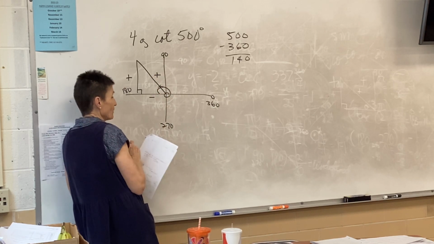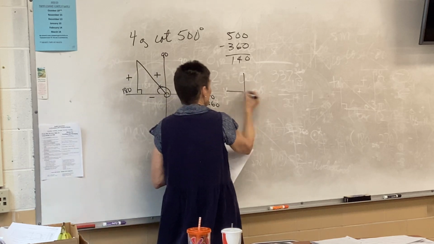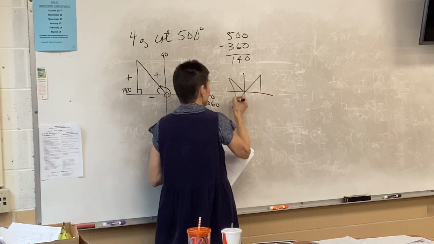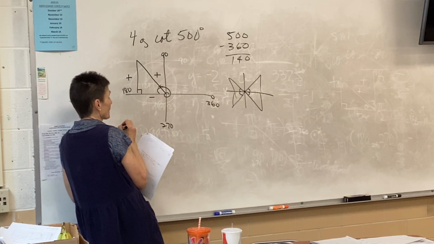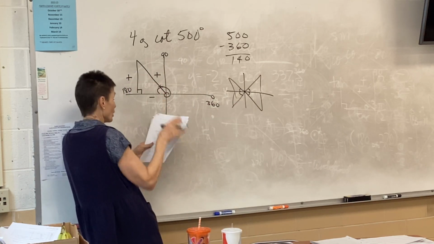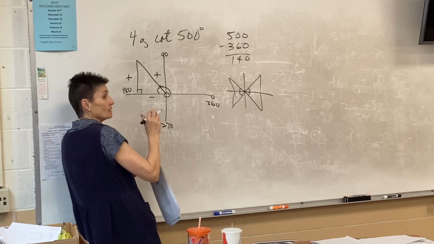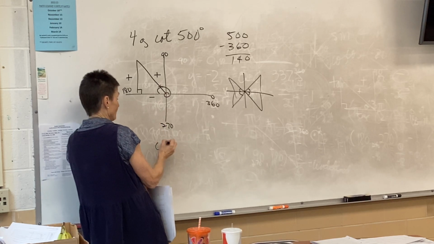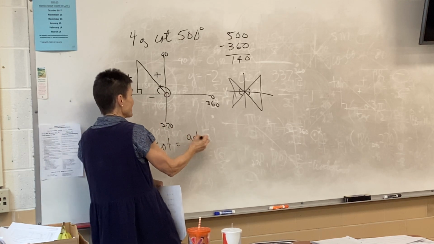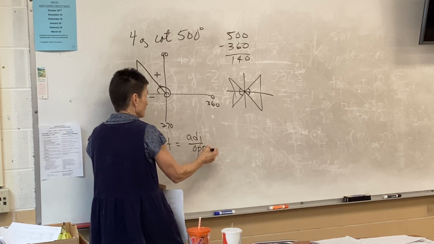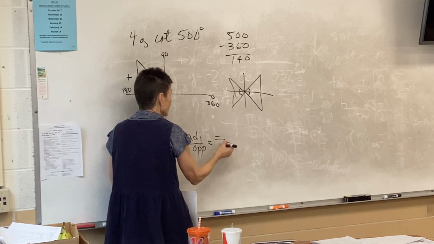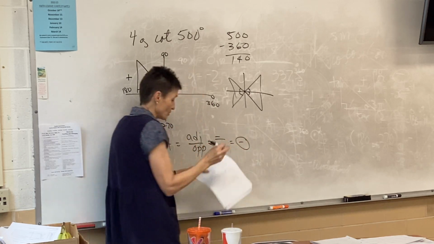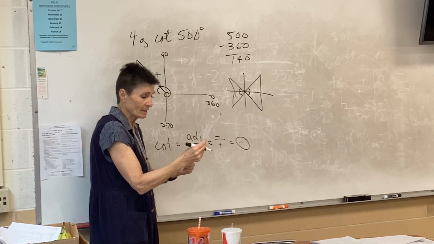This is my angle that I look at. Always with my butterfly bow tie, I am looking at this angle right here, always, always, always. And I want the cotangent. So cotangent is adjacent over opposite. So that will be negative over positive, which is negative. So the answer to G is negative.